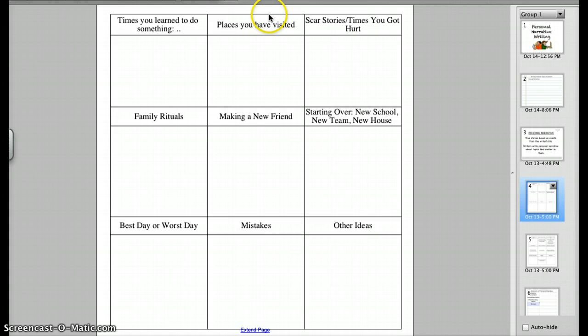Places you had visited. Maybe you've gone on a vacation. You could write your topic there. Scary stories, times you got hurt. Family rituals, things that you do with your family, maybe from year to year. I'm going to add something there. Every year, my family goes to Michigan for Thanksgiving to visit my sister.